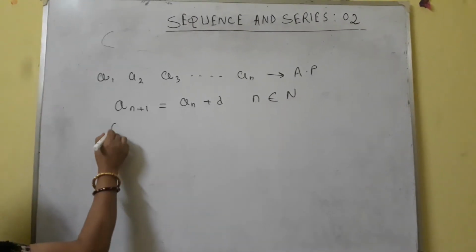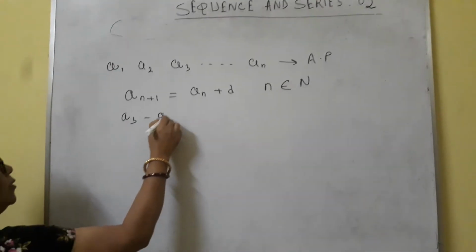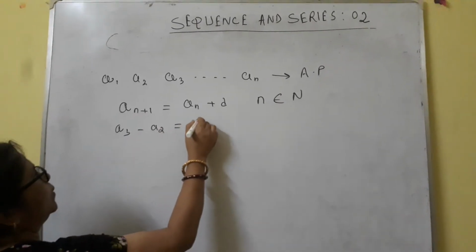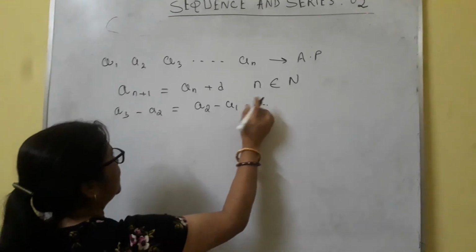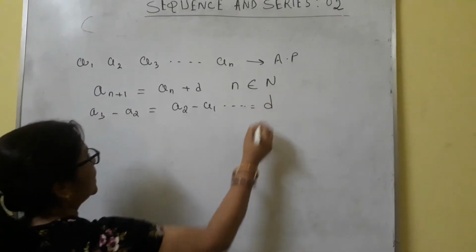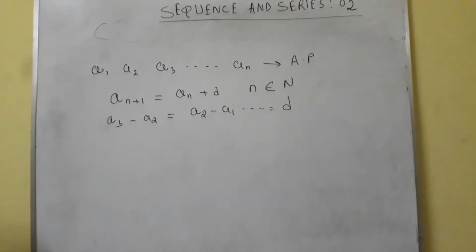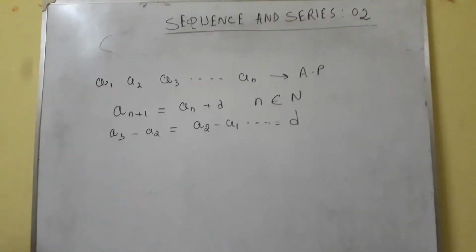That means A3 minus A2 should be equal to A2 minus A1, and we term it the common difference D, which you already learned in class 10.